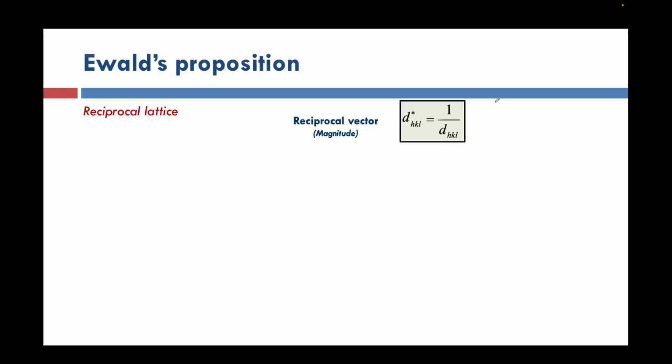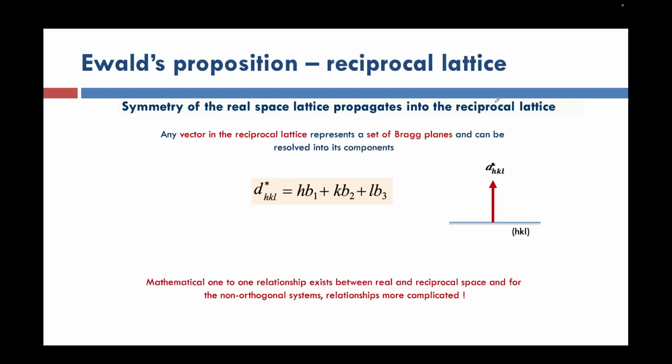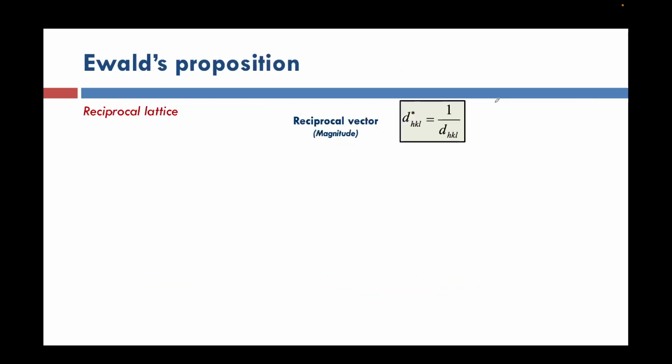Then the scientist Ewald came with a proposition. Instead of representing the planes in real space, in the real lattice, he told us to go into the reciprocal lattice.